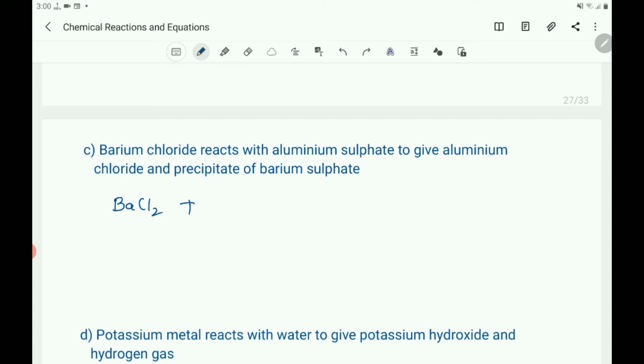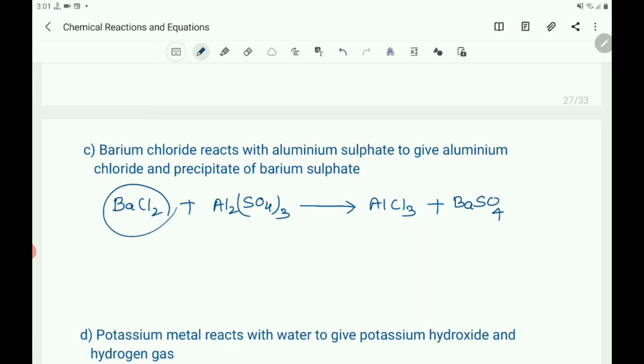Plus you write Al2(SO4)3, to give aluminum chloride. What is the molecular formula of aluminum chloride? AlCl3. Plus barium sulfate. Barium sulfate molecular formula is BaSO4.